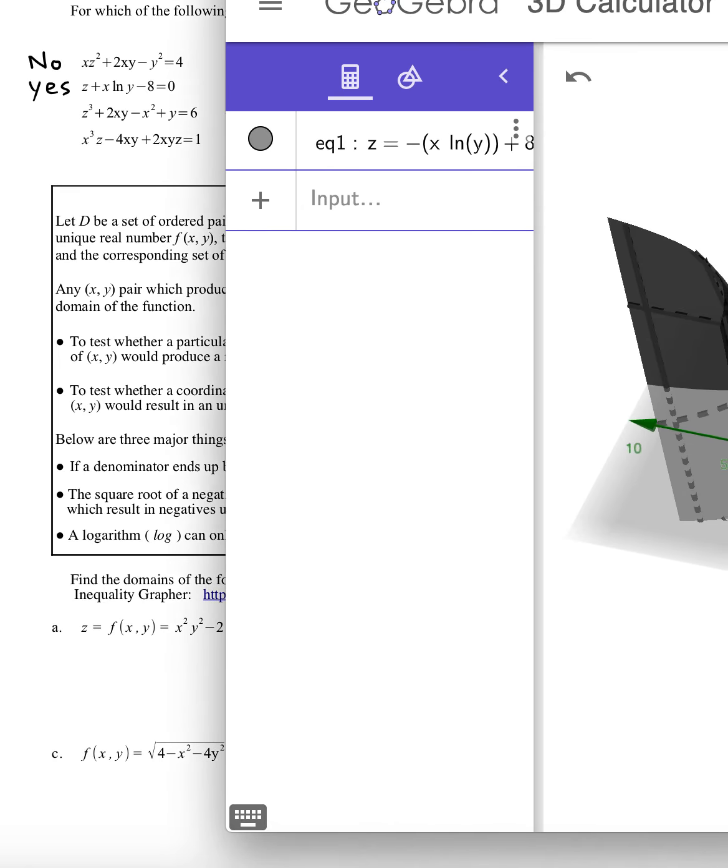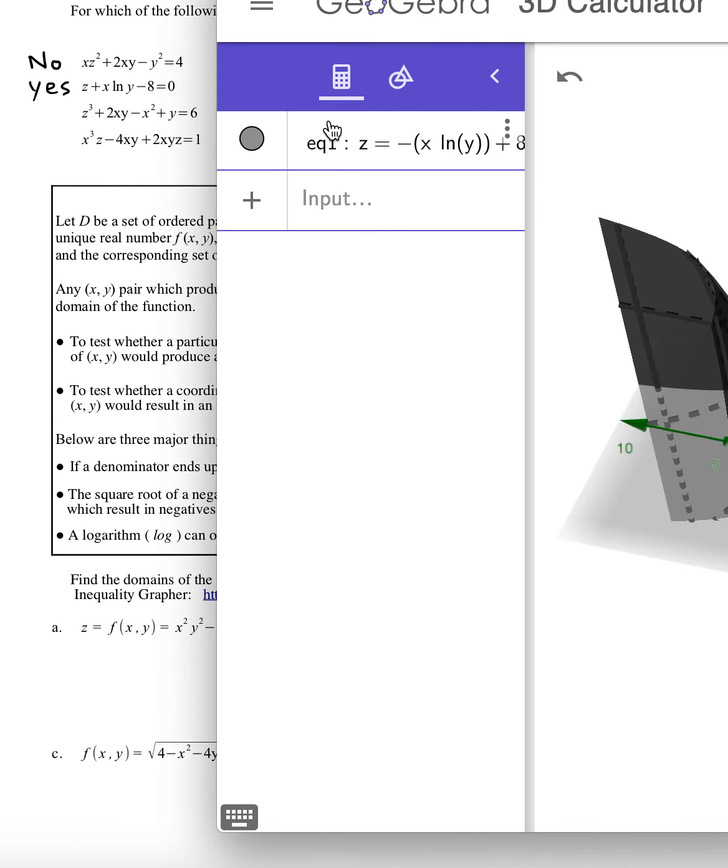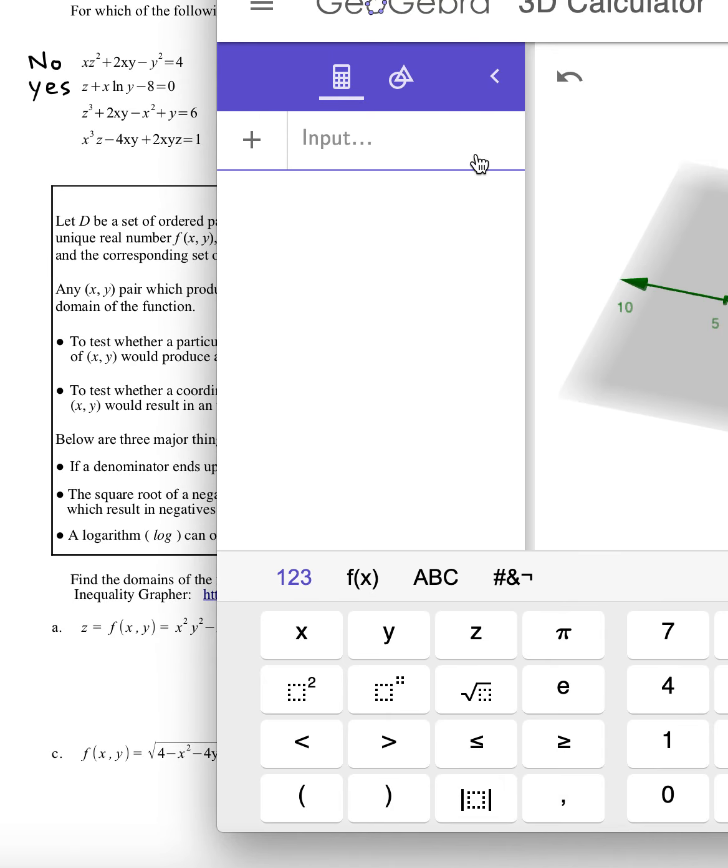Okay, now in this third one, that's going to be a little bit of a challenge because it's got a z to the third power. I'm going to move the terms over, and then I'll be taking the cube root.